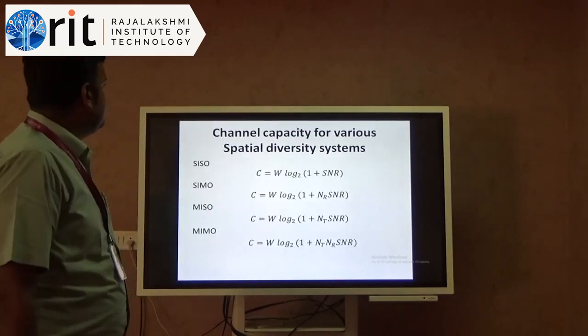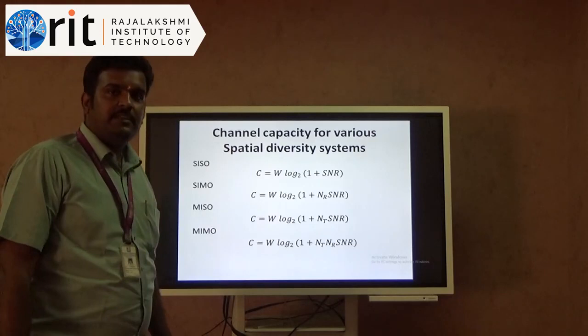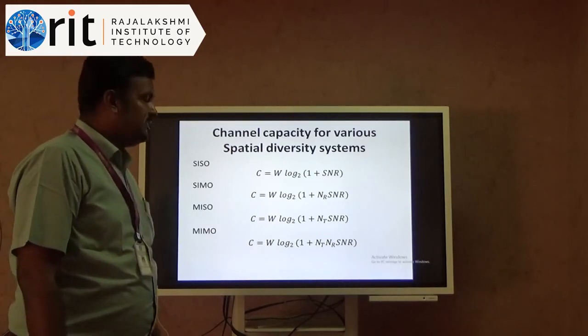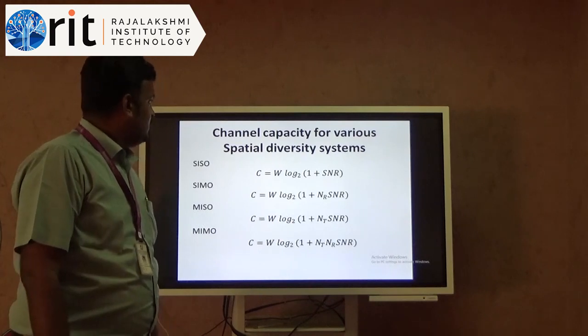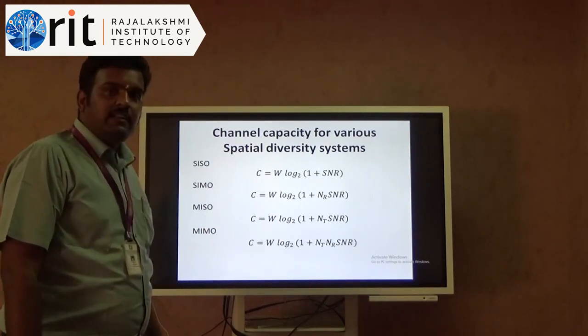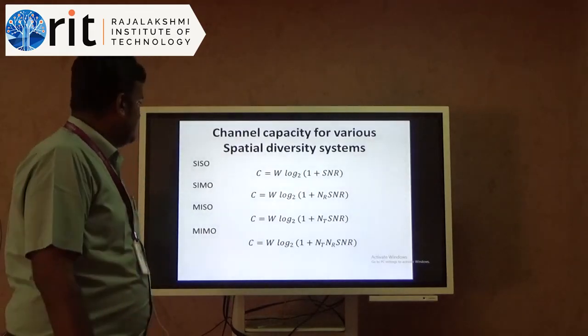Let us discuss the channel capacity for various spatial diversity multiple antenna systems. In case of SISO, the channel capacity is W log base 2 (1 + SNR), where NT and NR are assumed to be 1, as we discussed earlier.